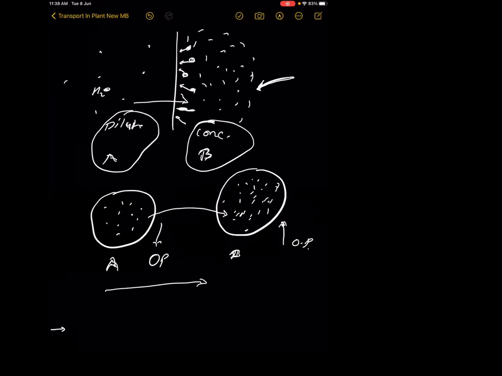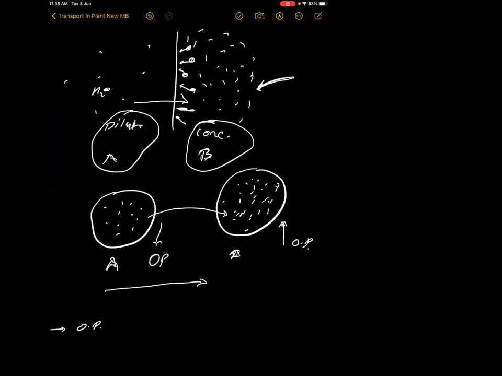Sir, what is gradient of concentration? Concentration gradient. Gradient means difference. If you are comparing two solutions, their concentration gradient is there.